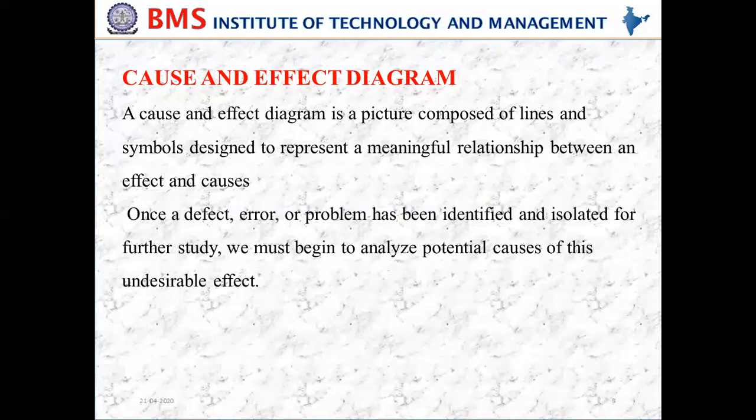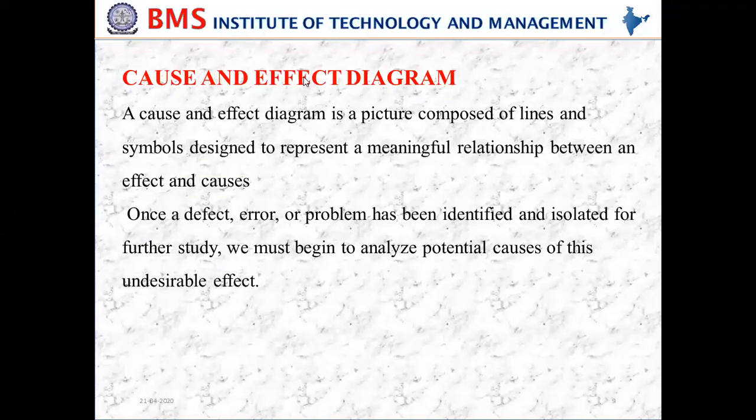Next, when we come to the cause and effect diagram. So one more is the cause and effect diagram. I think we have already told you to make a note on this, and also asked you to write one cause and effect diagram on your own. The name itself says cause and effect. So here first you need to find out what the effect is, and what the causes are that made this effect.